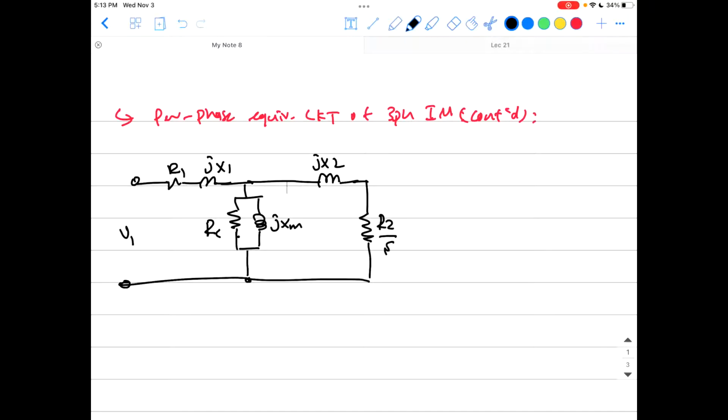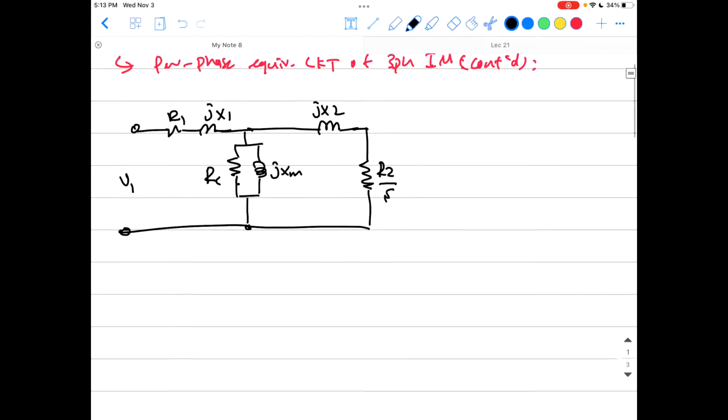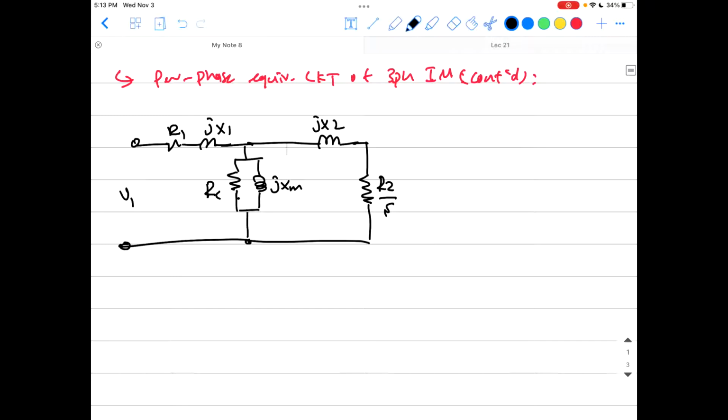I don't need to remind you that jX2 and R2 are referred values from the rotor side to the stator side, but most of the time we'll just be dealing with them and forget about this referring unless it is stated. Here is I1, which is the stator current, and here is I2, which is the rotor current, and that is V1, the voltage applied to the stator. Obviously, you can call this current Ic and this current Im.